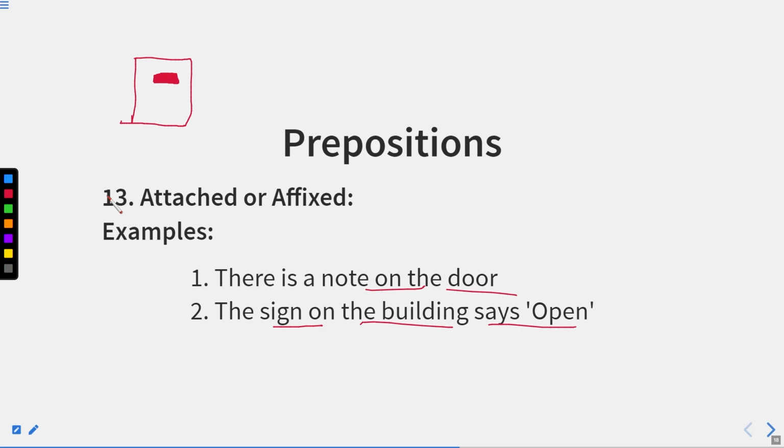On one side it is written open and on the other side it is written closed, and they just affix that on a hook, or paste it on the wall, and you can just reverse it. And not you, of course, the people who are working over there can just change their signboards to show whether it is open or closed. So you can see the sign on the building says open.